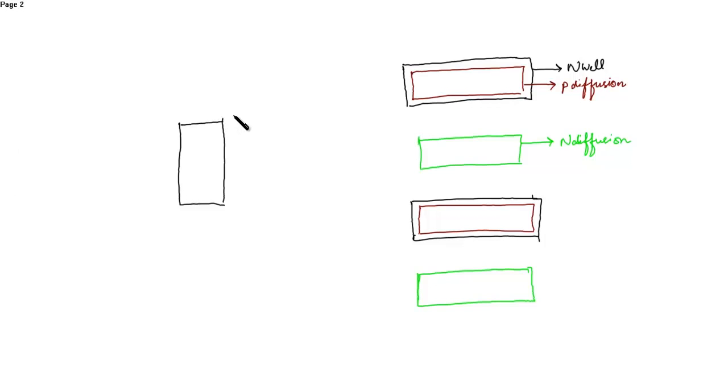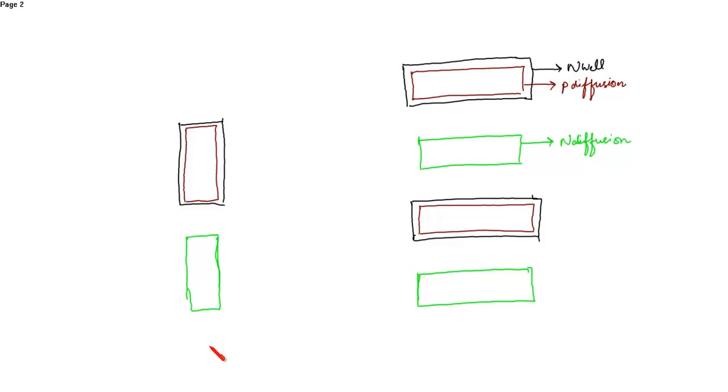Okay, this is the N well. Then P diffusion. Similarly, the N diffusion layer.